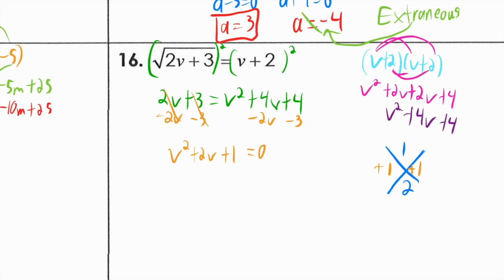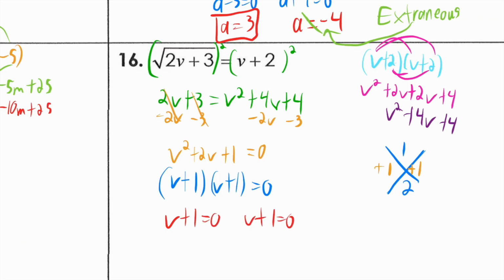I can in fact use my shortcut, and so I get v plus 1 and v plus 1. And so now I set each of these equal to 0. And I end up getting both of them to be -1. Just the same answer twice.